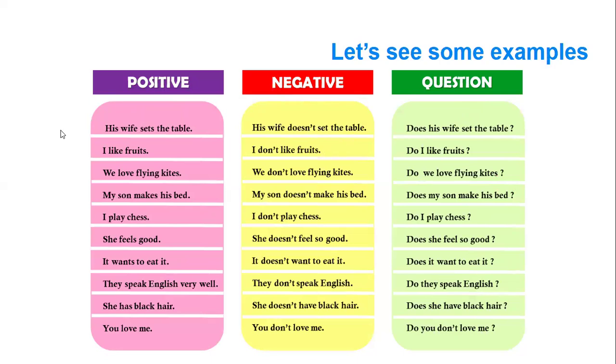Correct, correct. Catherine, what is the next line? I like fruit. I don't like fruit. Do I like fruit? Okay, all right. Very good. Roxana, are you there? Yes, teacher. Okay, can you help me reading the number 3 line?